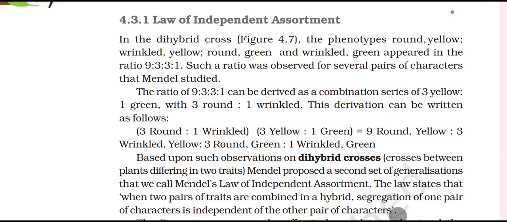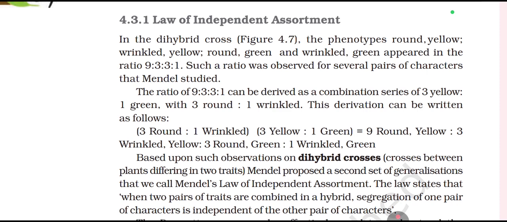4.3.1 Law of Independent Assortment. In the dihybrid cross, figure 4.7, the phenotypes round yellow, round green, wrinkled yellow and wrinkled green appeared in the ratio 9:3:3:1. Such a ratio was observed for several pairs of characters that Mendel studied.